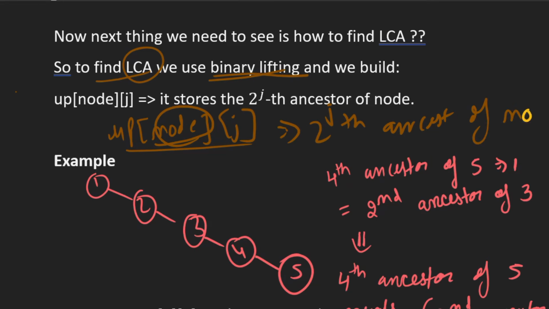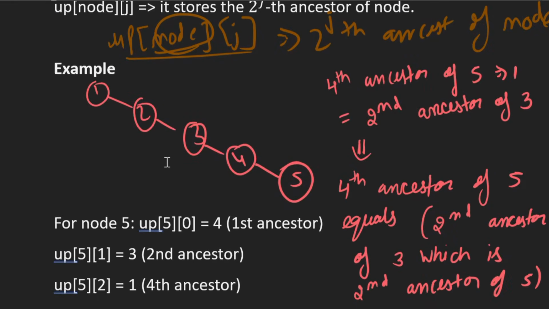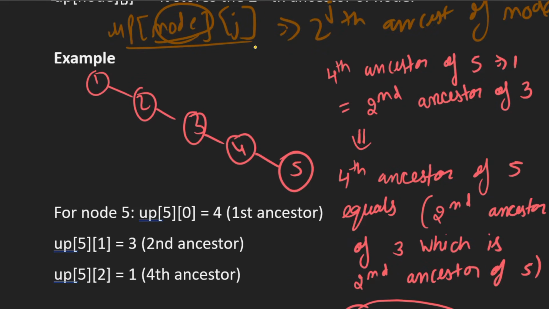I'll explain this with the help of an example. What is this up of node comma j? Once again, up of node and j will store the 2 to the power jth ancestor of node.